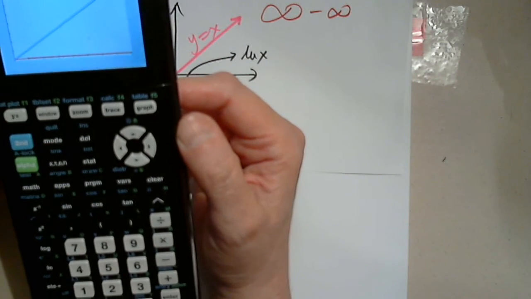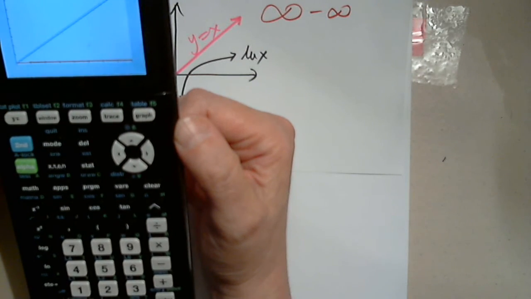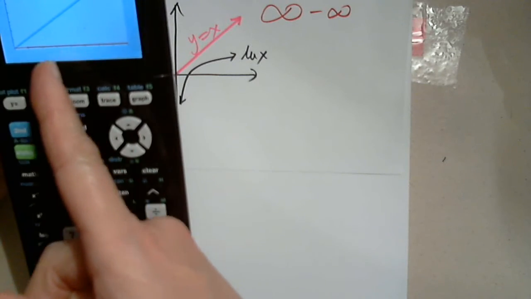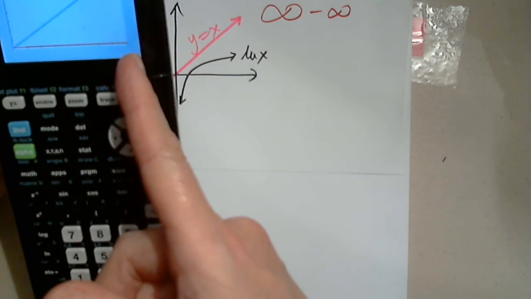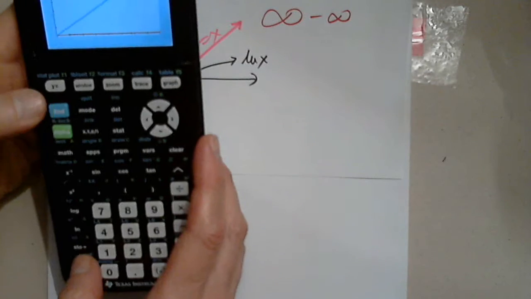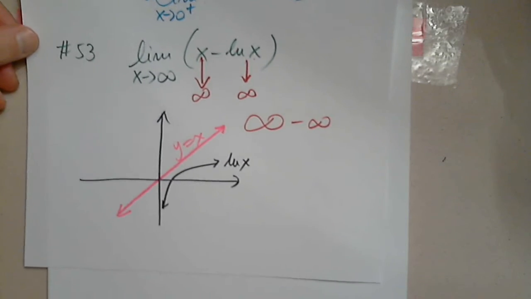They are not even close. This is y equals x, and the natural log is so low that it doesn't even get anywhere near at infinity. So then I have to draw a conclusion. So what is this limit?